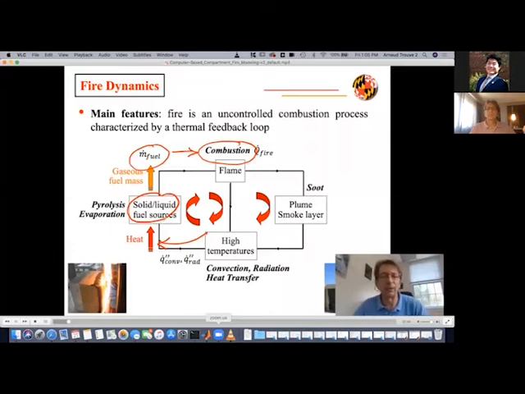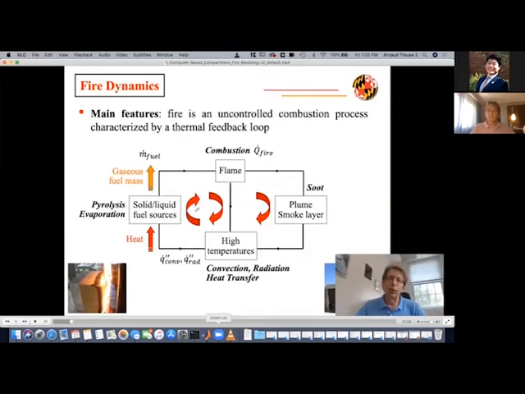So we see that in this coupled liquid solid phase and gas phase processes, the liquid and solid fuel sources are providing the fuel required by combustion, while combustion is providing the heat required by evaporation or pyrolysis.